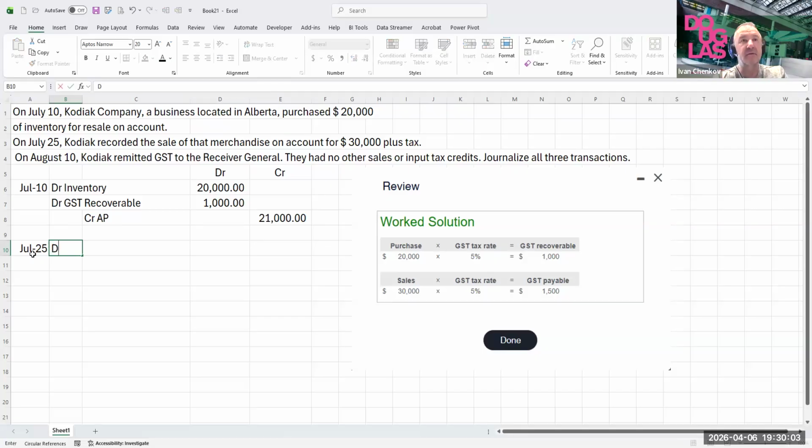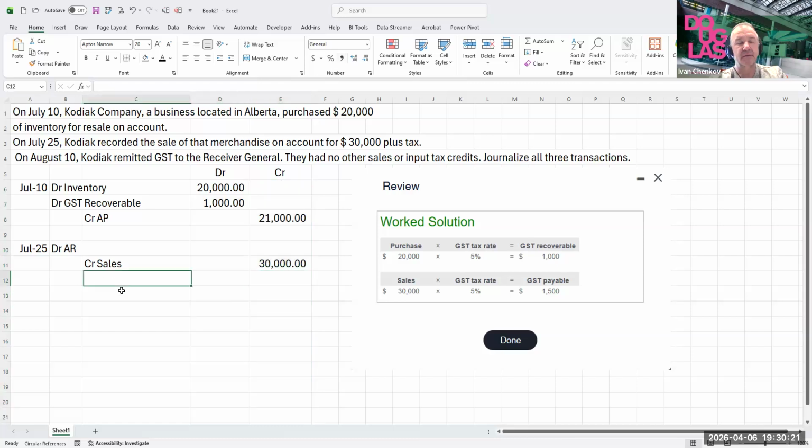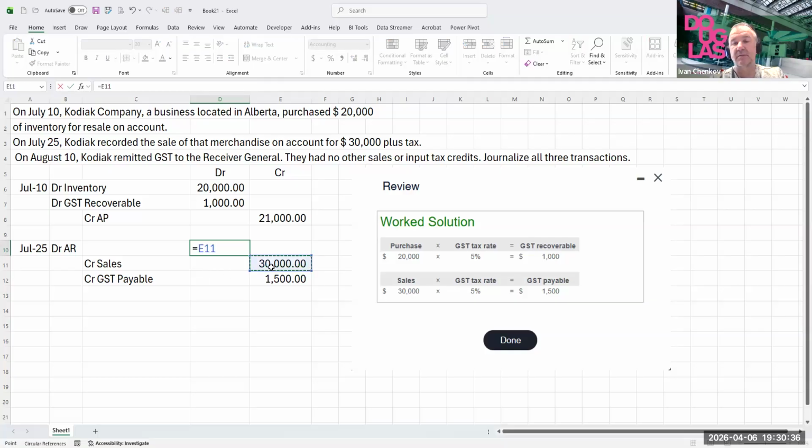So we're going to have a debit to accounts receivable, and then a credit to sales of $30,000. Then we're going to have a credit to GST payable of $1,500, and accounts receivable will be 30,000 plus 1,500, that's $31,500.